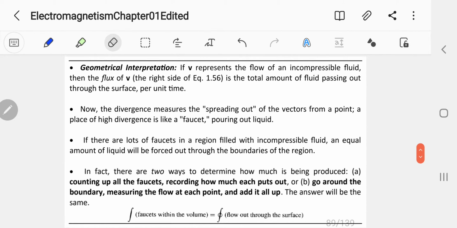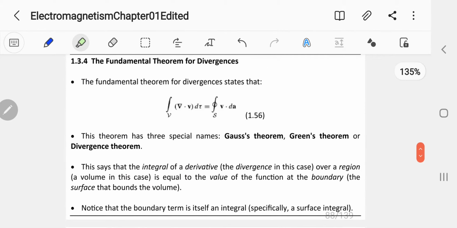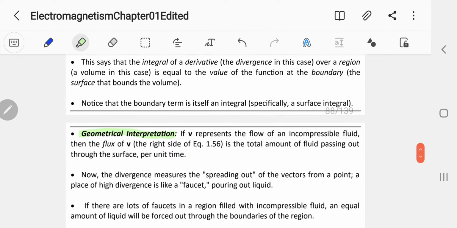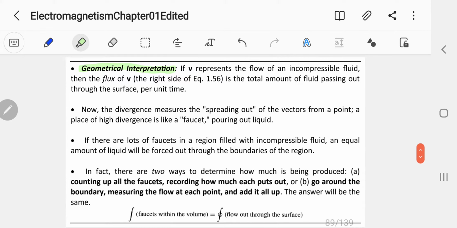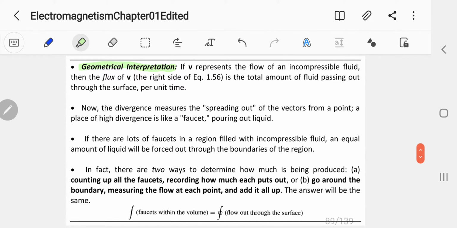So here you have the geometrical interpretation. If V represents the flow of an incompressible fluid, then the flux of V, which is the right side of the equation here, is the total amount of fluid passing out through the surface per unit time.